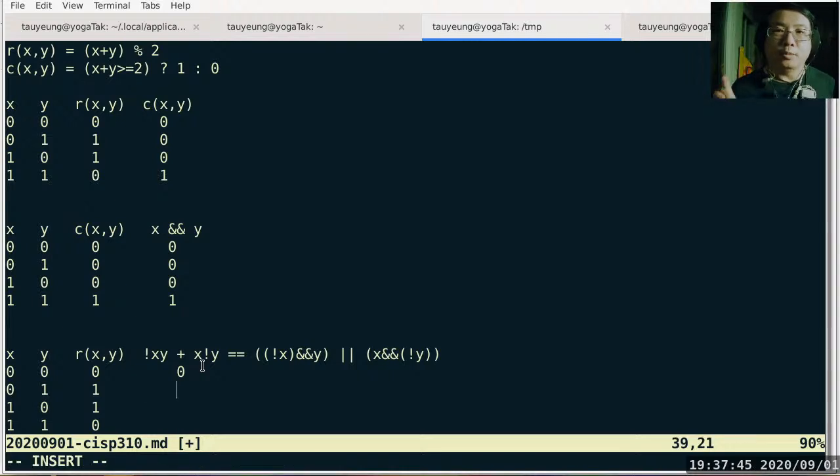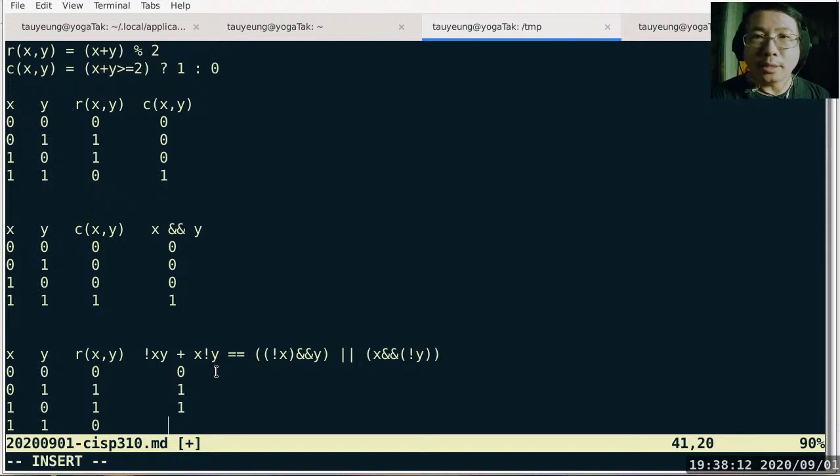All right, so when x is false and y is true, we already know that the left-hand side of the OR is going to give us a true. So that means the entire OR is going to be a true. On the third row, we know that we have x being true, y being false. But we also know that in this case, x and not y is going to be a true, so we'll give the whole thing a true.